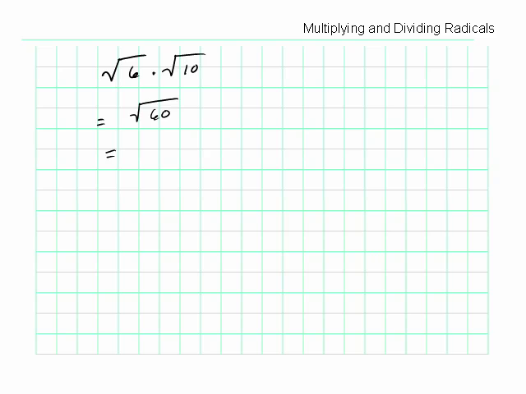And so if I simplify this, let's see, a perfect square in 60 would be 4. I think 4 is the largest perfect square. It's 4 times 15. The square root of 4 is 2. And so this is 2 square root 15. So after you multiply, always remember to simplify the radical if possible.